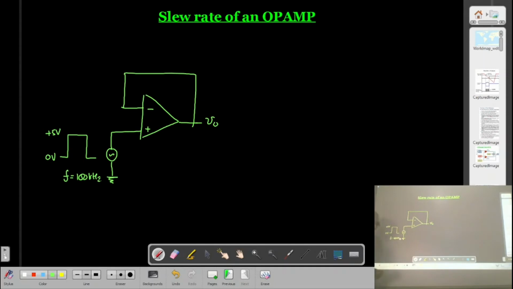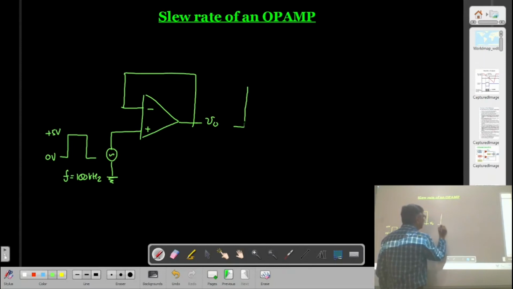Remember, I am applying a higher frequency. Now, this operational amplifier has unity gain. It is a voltage follower circuit, meaning whatever my input signal is, the same signal has to be present in the output. So the output signal must be like this.